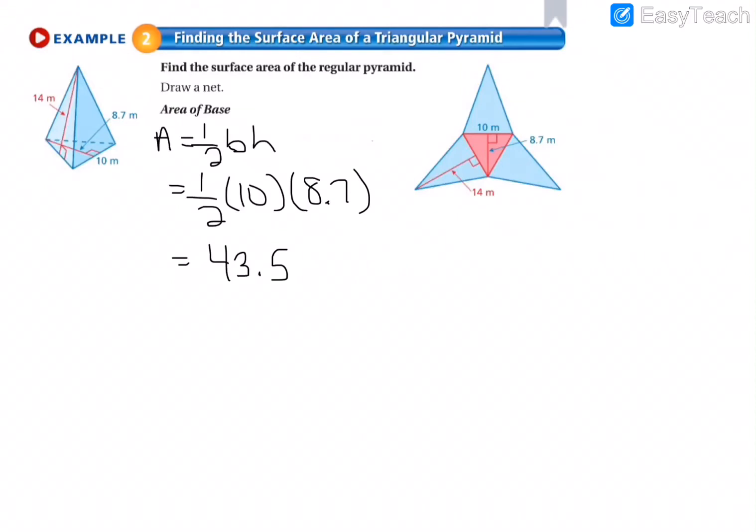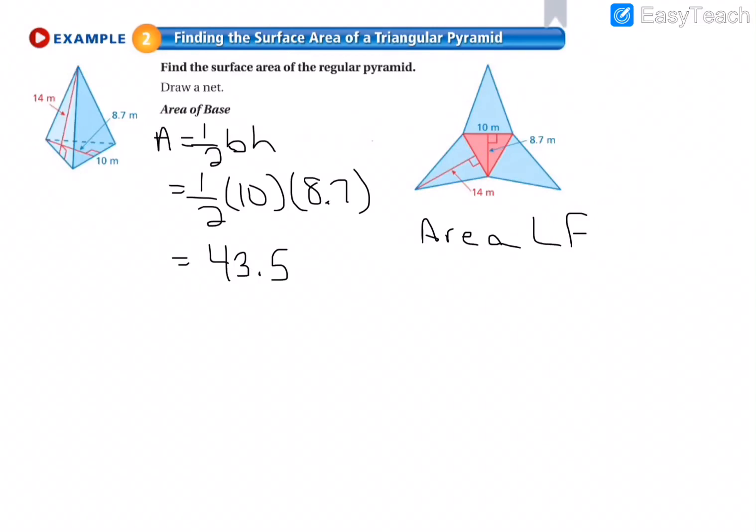Then I'm going to find the area of the lateral face. I just abbreviated LF for lateral face. Okay, so this is actually showing that the base is an equilateral triangle. So that means all of these sides on the base triangle are 10. So that means your lateral face is going to have a base of 10, but your slant height is 14.